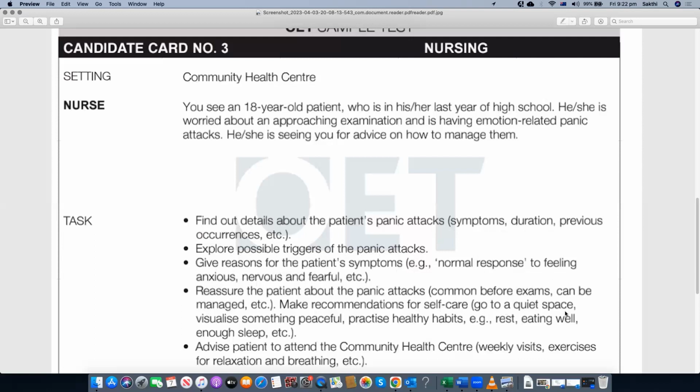Go to a quiet space, visualize something peaceful, practice healthy habits, example rest, eating well, enough sleep, etc. Advise patient to attend the community health center weekly visits, exercises for relaxation and breathing, etc.